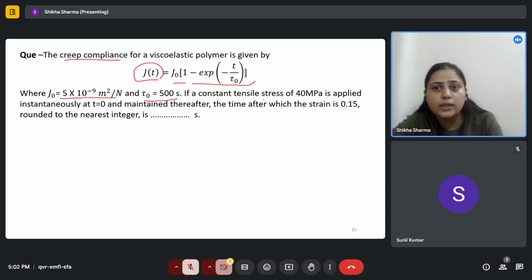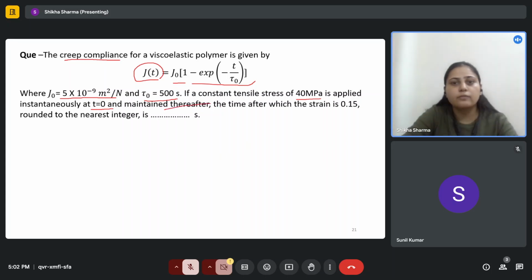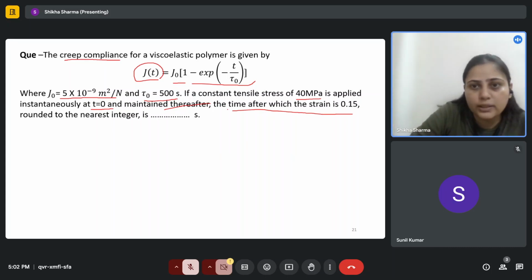If a constant tensile stress of 40 megapascal is applied instantaneously at t equals 0 and maintained thereafter, the time after which the strain is 0.15 is. So we need to calculate the time at which the strain value will be 0.15.